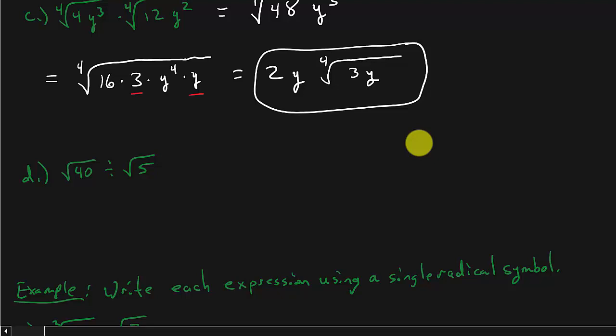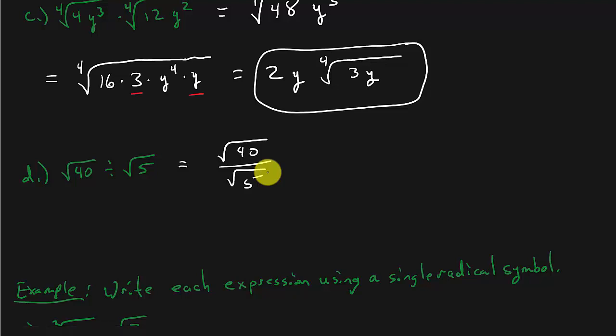All right, so let's look at this one. So we got the square root of 40 divided by the square root of 5. So on this one, first thing I would do, let's write it square root of 40 over square root of 5. Now, one thing that might pop into our head first is, let's rationalize the denominator, right? And look, you could do that.